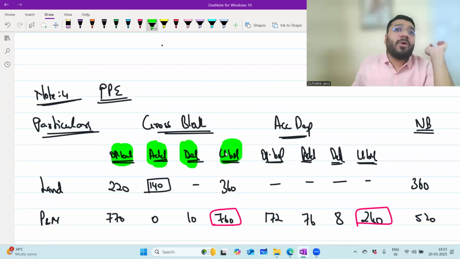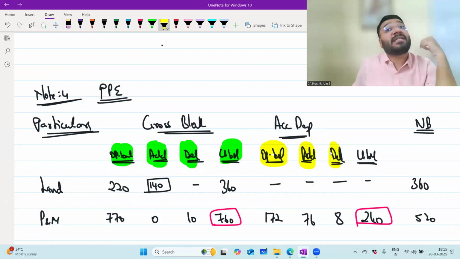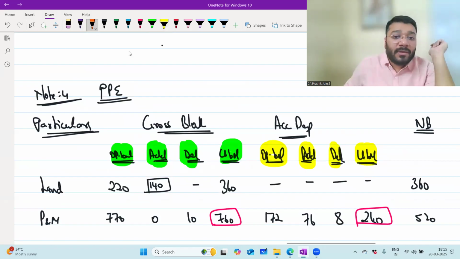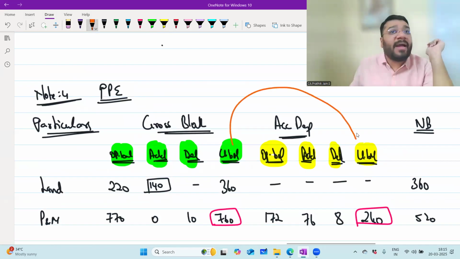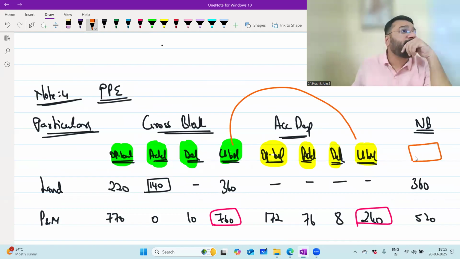Closing balance at cost. Similarly, this is the opening balance of accumulated depreciation. Current year's depreciation. Reversal of accumulated depreciation for the asset that is being sold. I'll get the closing balance of accumulated depreciation. This and this, if I minus, I'll get the net block. Any difficulty in this? This is what you'll practically do in your exam.